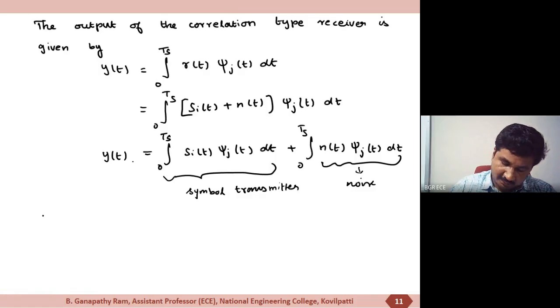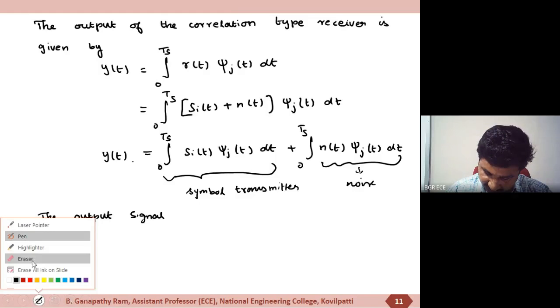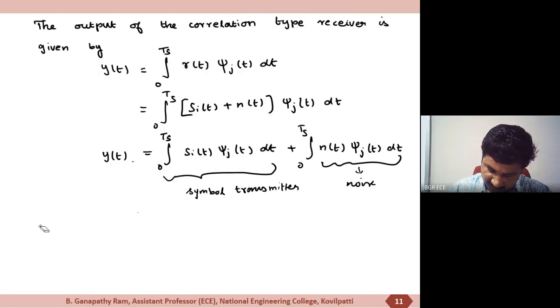So the output signal to noise ratio, we can assume this as ys of t plus yn of t.